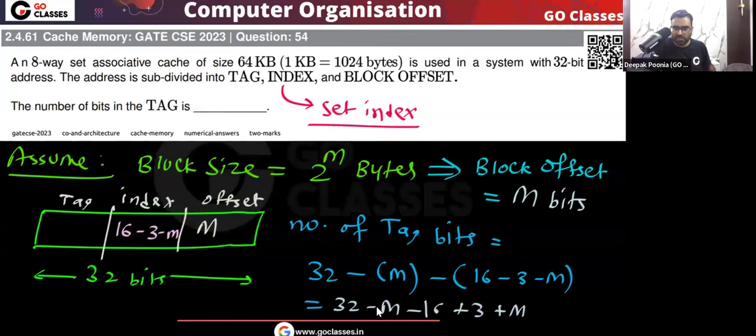Minus m plus m cancel, and finally you get 32 minus 16, that is 16, plus 3, that is 19. So 19 bits. For this question, the number of bits required for the tag will be 19 bits. Very simple. I hope you understood this.